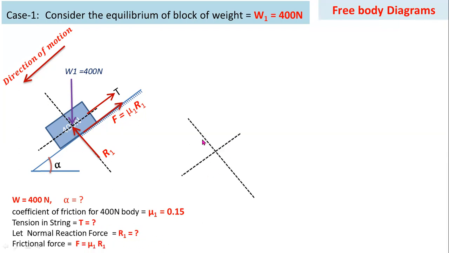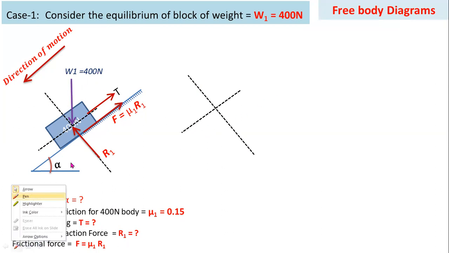Now you have to consider two reference axes: this reference axis parallel to the inclined plane, this reference axis normal to the inclined plane. Now you have to consider these forces. First of all, you have to convert this 400 newtons self weight into two components.